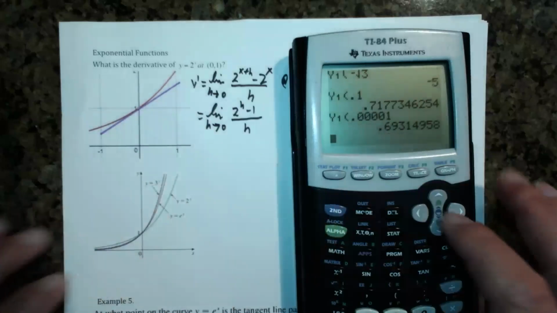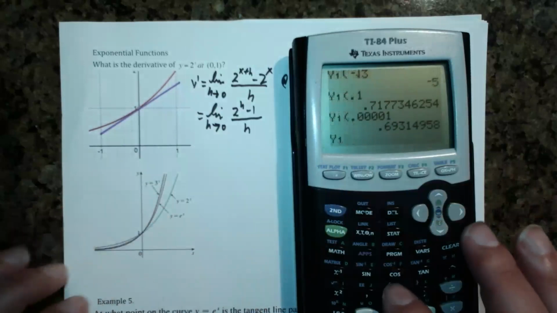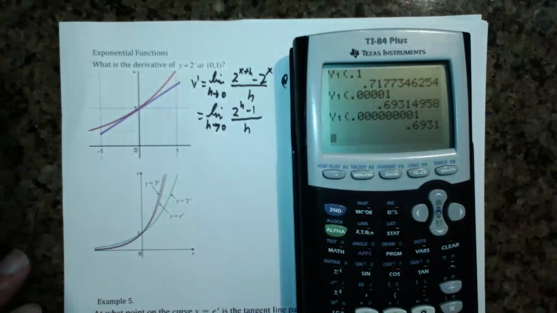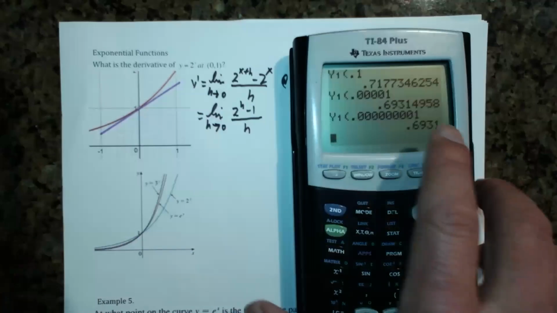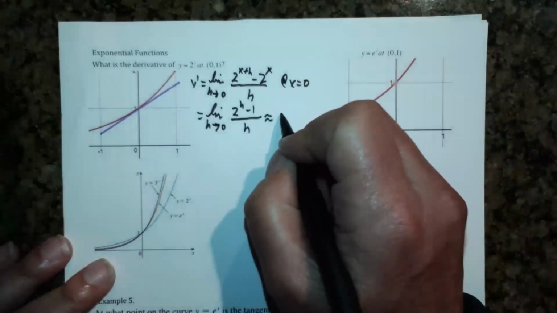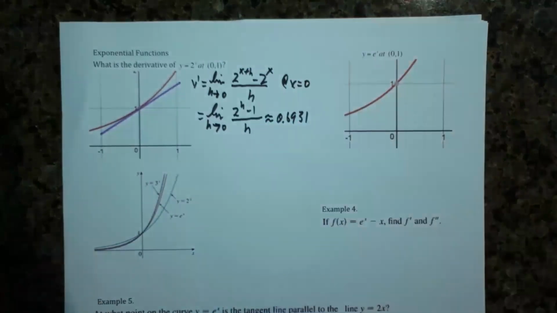Let's do it even closer. Vars, y vars. Okay, so it looks like we're converging to this specific value here, 0.6931. So this limit here is about 0.6931. Not quite 1.